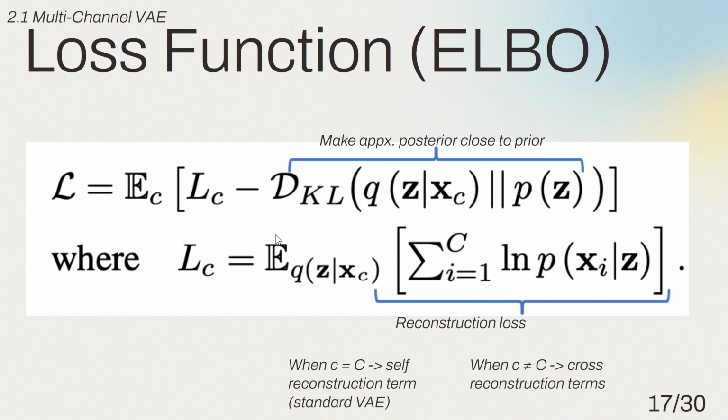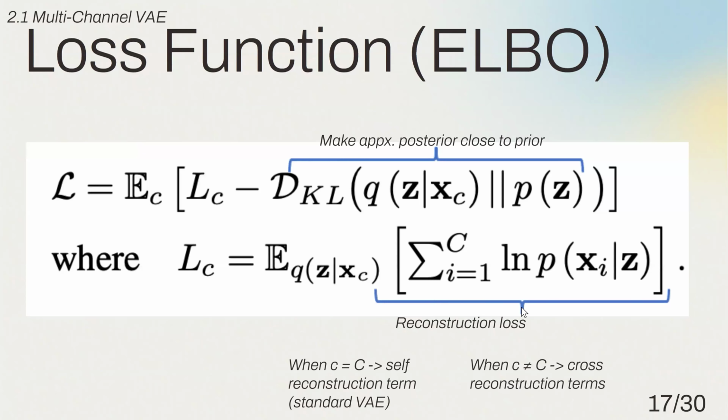Now, how their loss function works is they have the typical KL divergence term from a regular VAE, which is measuring how well they are representing this distribution here. But they also have this term here, which is measuring the reconstruction loss.